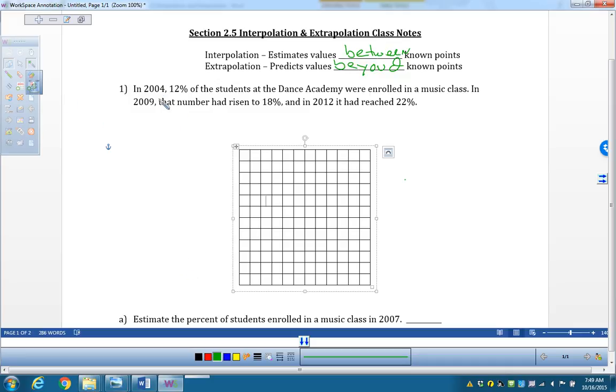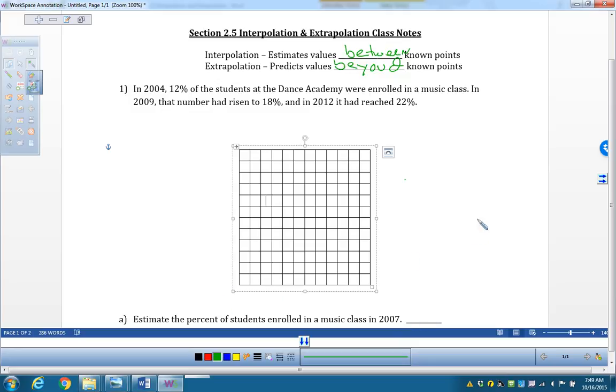In 2004, 12% of the students at the Dance Academy were enrolled in a music class. In 2009, that had risen to 18%. In 2012, it reached 22%. Estimate the percent of students enrolled in class in 2007.